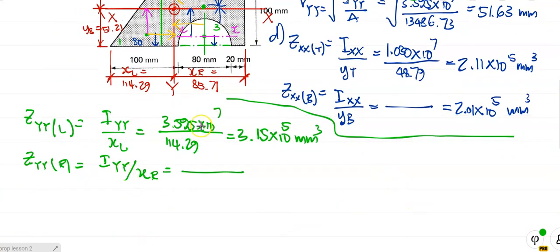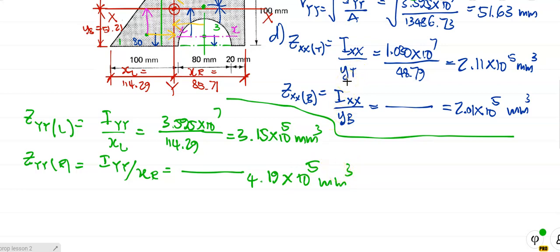Okay, so what's IYY? IYY is 3.595 times 10 to the power 7 divided by X right. You finish it off: 3.595 exponent 7 divided by 85.71. I get 4.19 times 10 to the power 5 millimeters cubed.